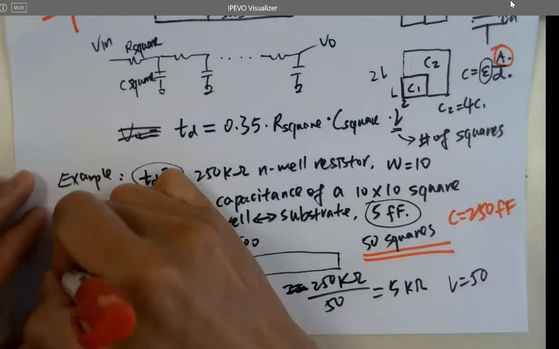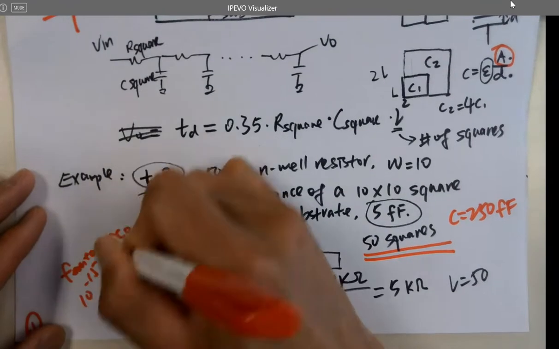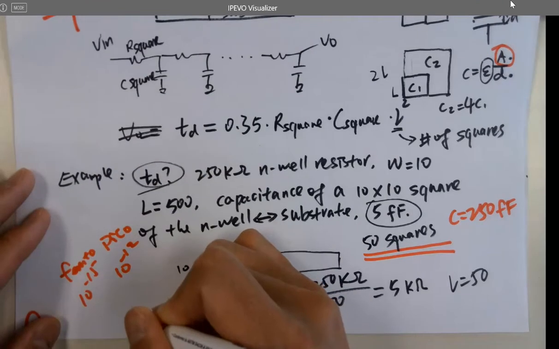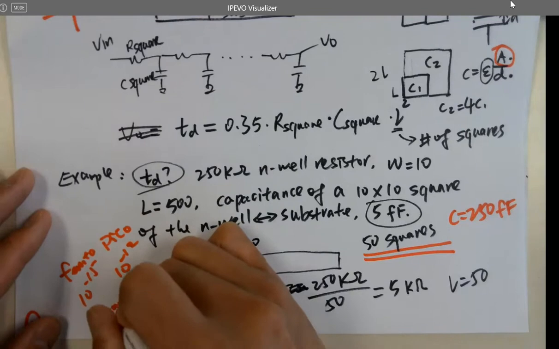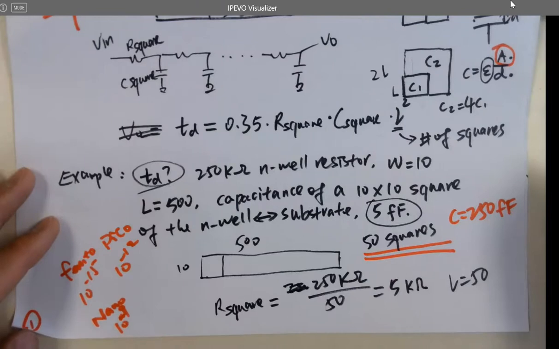What about pico? 10 to the negative 12. What's the next? Nano, right? Yeah. Anything else? All the other ones are easier, right? Yeah. Just micro, milli, and nothing.